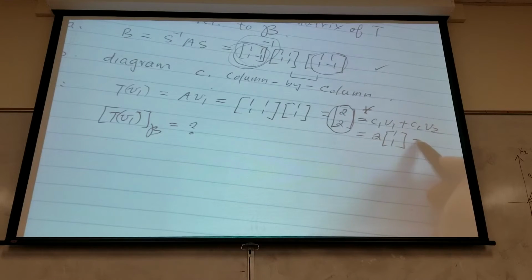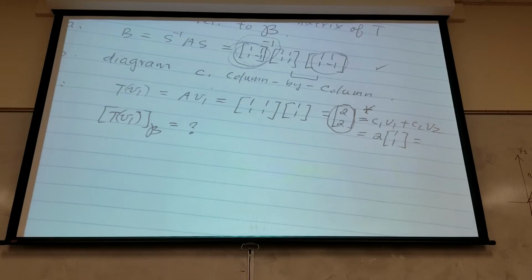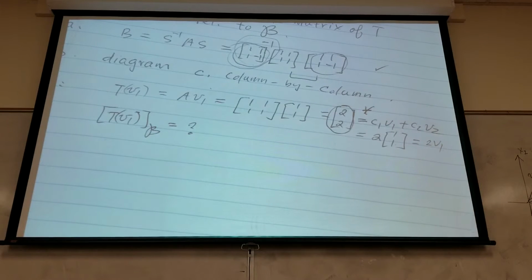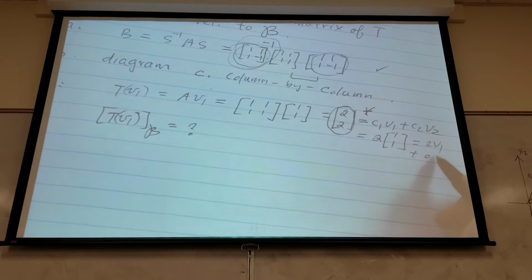You need to always go back to see what are your vectors, V1, V2. This is your V1, so 2V1. Now, what do you do with 2V1? Well, you add 0V2, how about that?